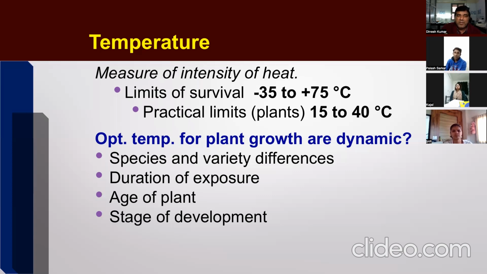One such variety may be Kufri Sheetman. Sheetman means the name suggests that it can do better at lower temperature. So varietal differences also exist. Some varieties may require little higher temperature than other varieties.